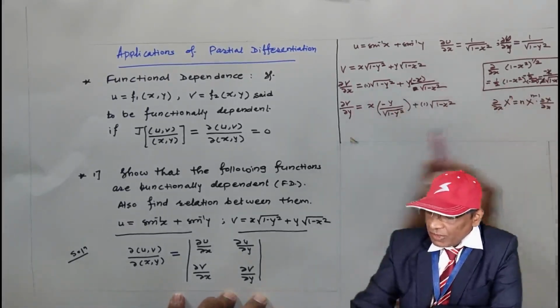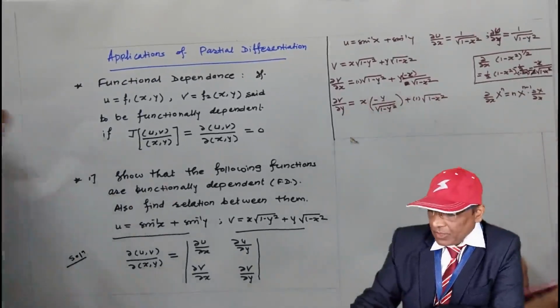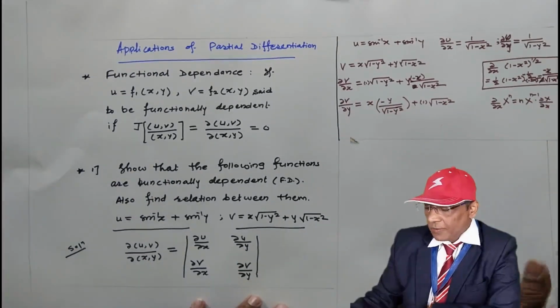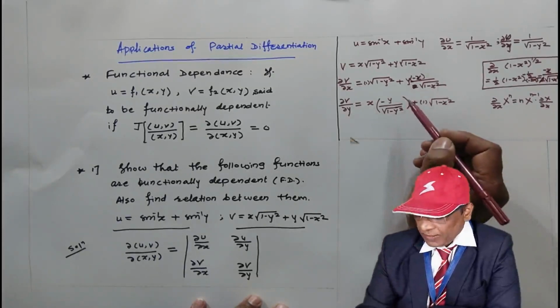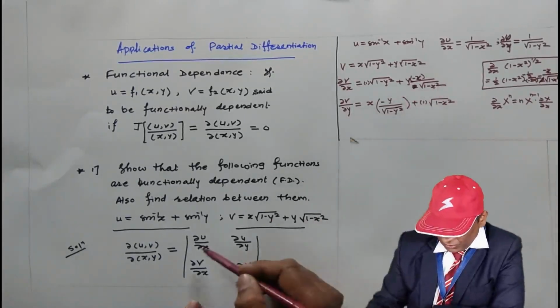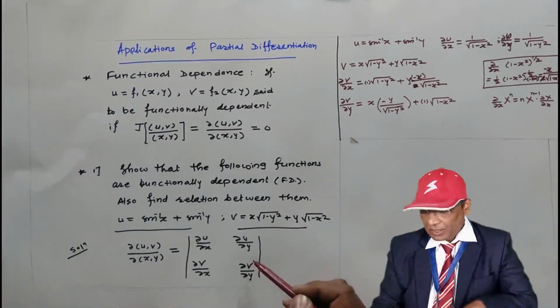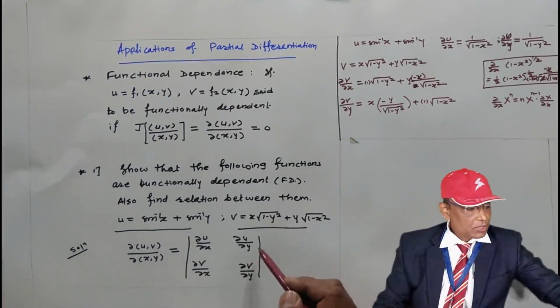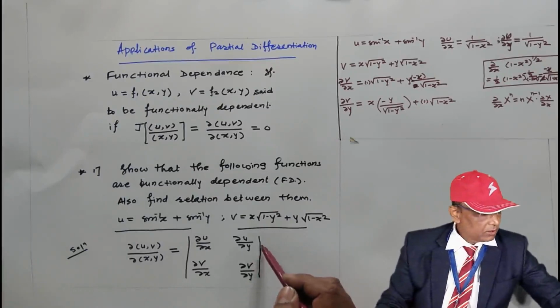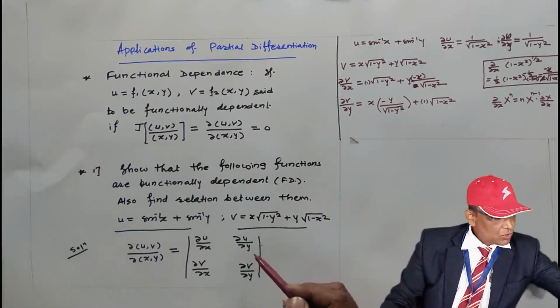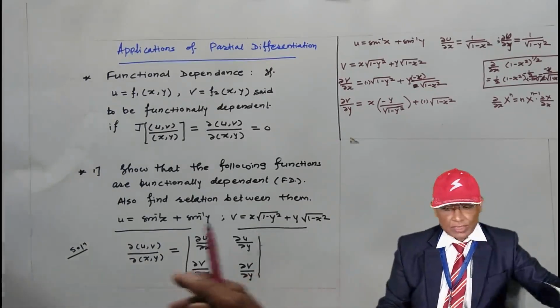So this is a very important thing. This thing is very important because you have to take derivatives very carefully. If you are wrong in these entries, then functional dependence and independence cannot be judged in a correct way. These four derivatives are important.